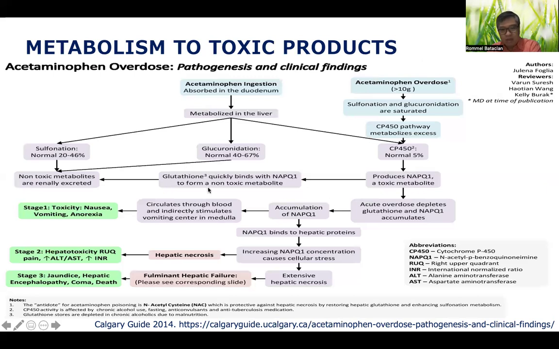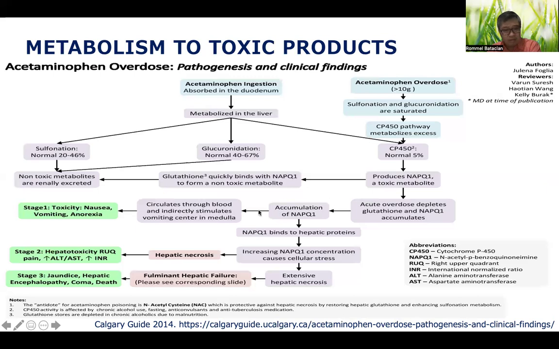And eventually your glutathione stores can also be depleted. So because of that, overdose depletes glutathione, there's accumulation of this toxic metabolite, and now this binds to hepatic proteins. It causes cellular stress leading to hepatic necrosis.